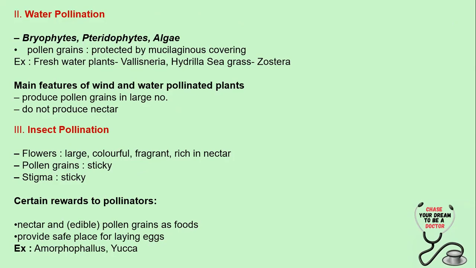Their pollen grains will be large in number in order to compensate for those pollen grains which are lost as a result of water flow. And these water pollinated flowers will never produce nectar or any other sweet materials. Clear? Clear, everyone?